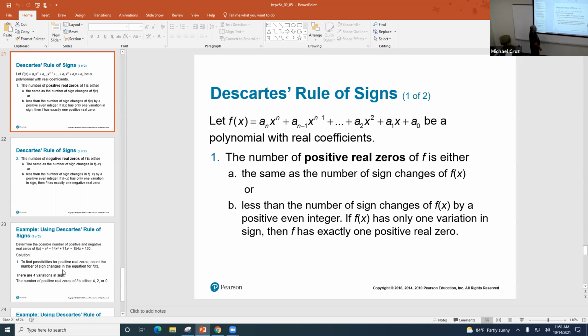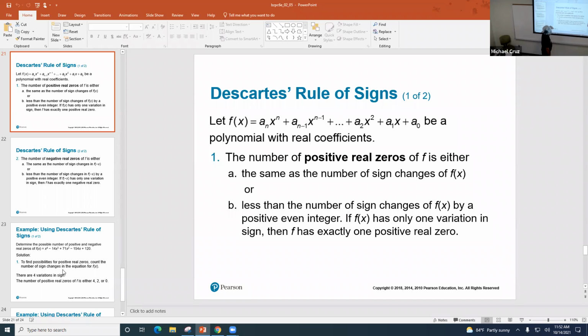All right. You find the number of possible positive real zeros. In other words, no negative sign. That's what they mean. Positive real zeros is determined by the number of sign changes. But it won't tell you exactly how many, it'll just tell you more or less how many.